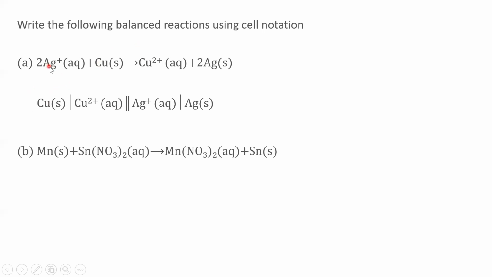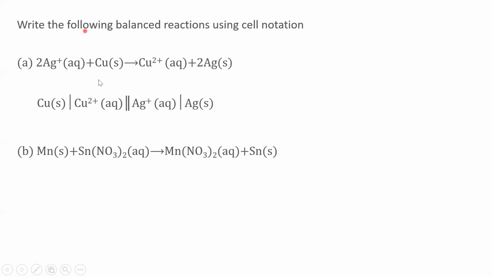And then the silver ions are going to silver atoms. This shorthands the reduction half reaction. And this double line here essentially means that the oxidation is taking place in one compartment, the anode compartment, and the reduction is taking place in the other compartment, the cathode compartment.